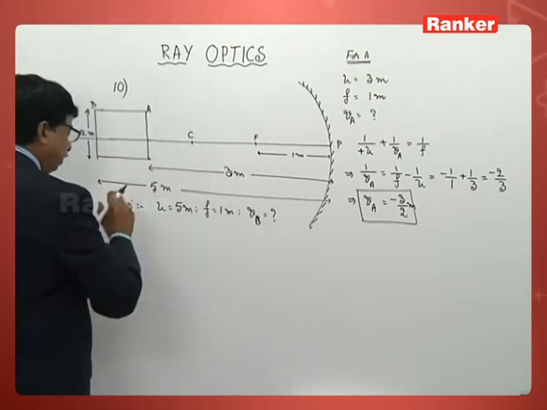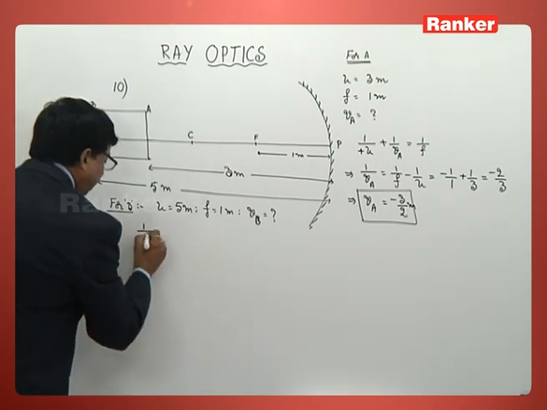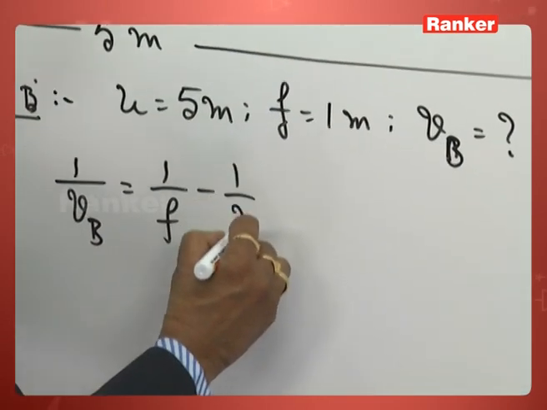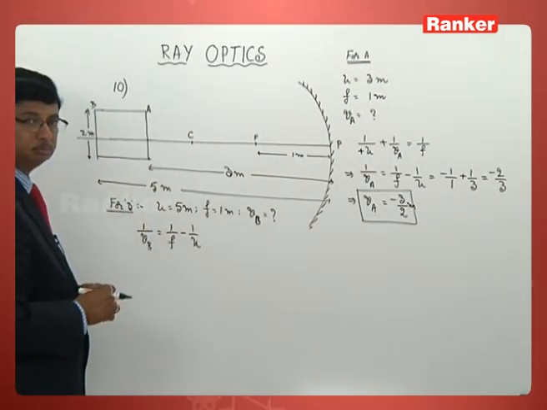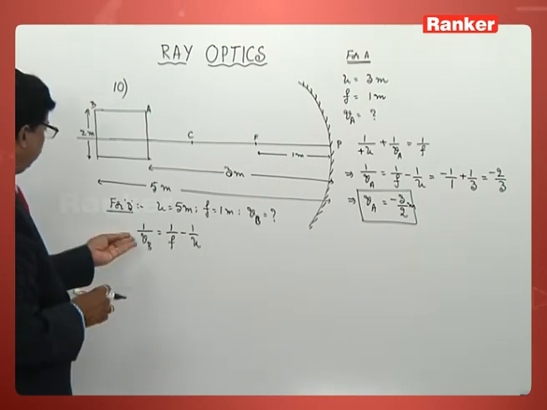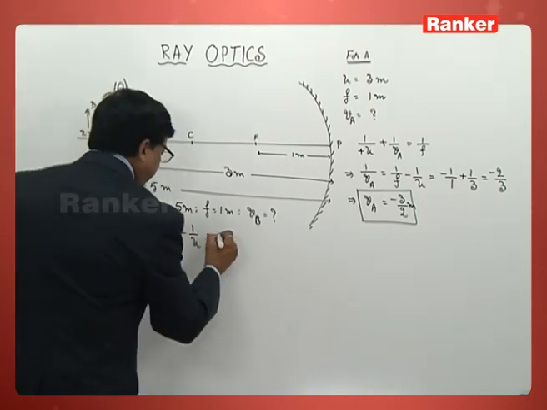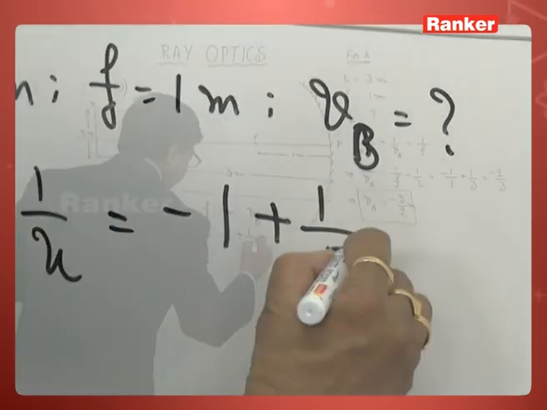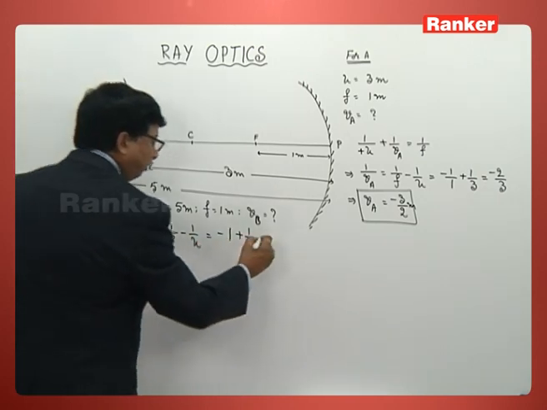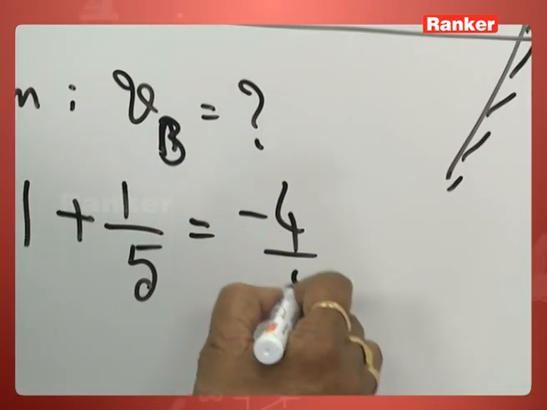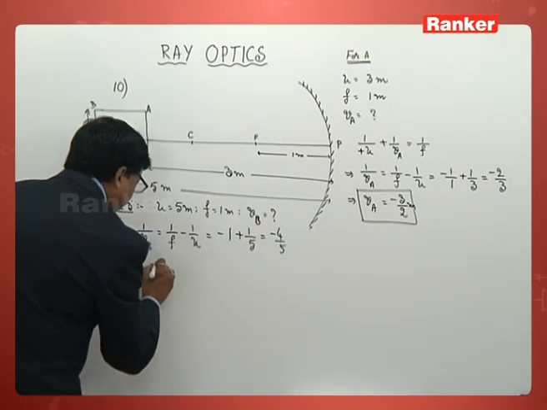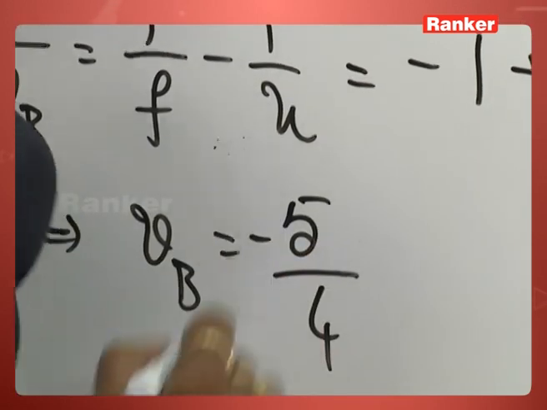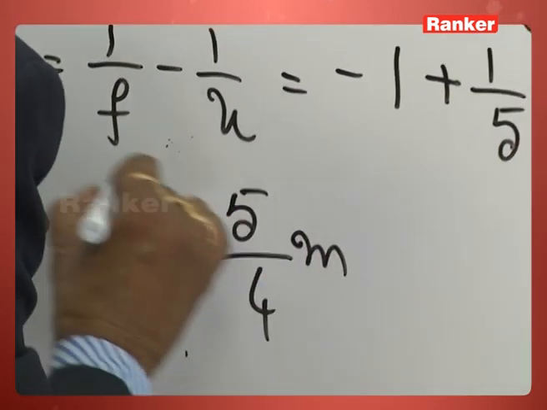Now once again I will just write the same formula. 1 by VB is equal to 1 by F minus 1 by U. Now let us write the values once again given here. It's minus 1 plus 1 by 5. Minus 5 plus 1, it's minus 4 by 5. So what will now be the value of VB? 5 by 4 with a negative sign, so many meter.